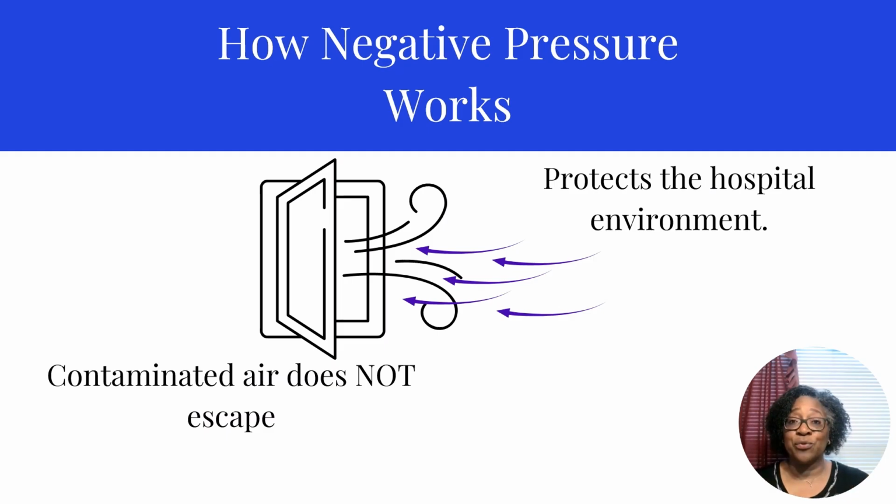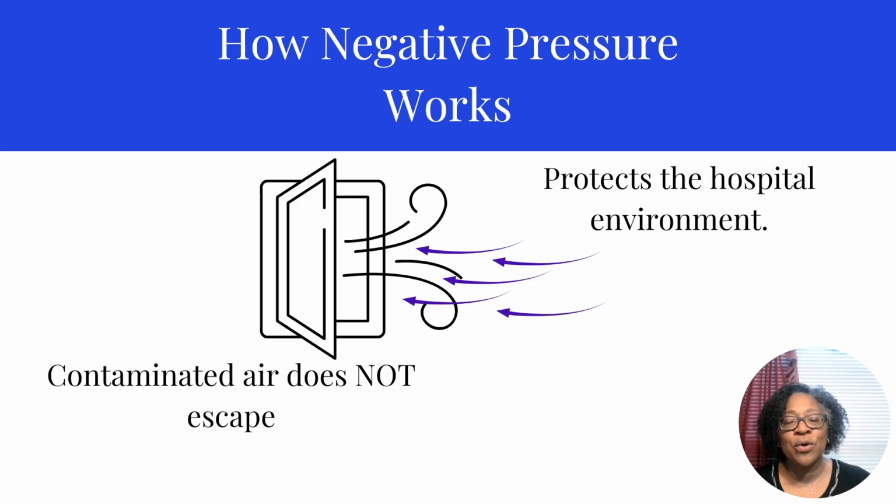So in a negative pressure room, that air is lower pressure. So the clean hallway air gets pulled into the room, and the contaminated air doesn't flow outward. And so then, the negative pressure rooms have this specialized ventilation and it filters the air before it's released. And this prevents the airborne particles from spreading throughout the hospital.